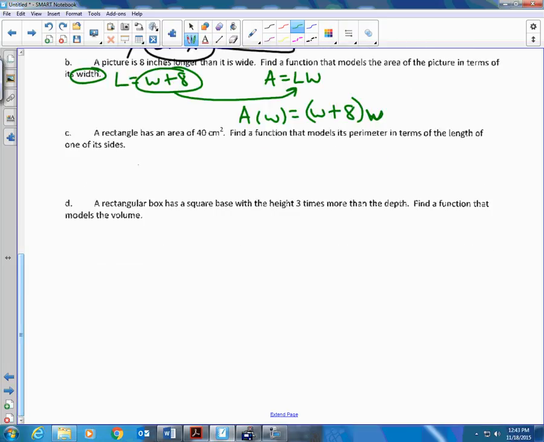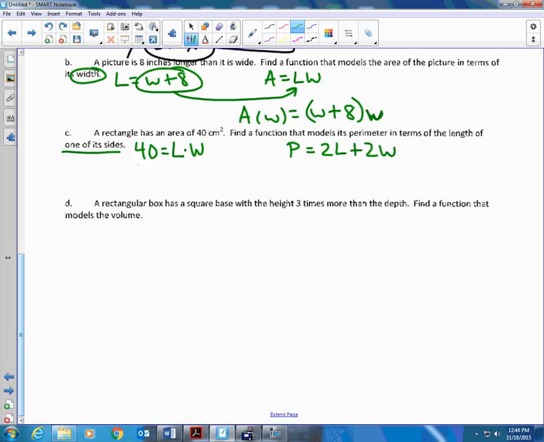Okay, a rectangle has an area of 40, so that means that 40 is equal to length times width. Fair enough? Find a function that models its perimeter. Well, perimeter is equal to 2 times L plus 2 times W. So it says in terms of one of its sides, I could choose to use L or W. Do I end up writing a function that's A equals or P equals?